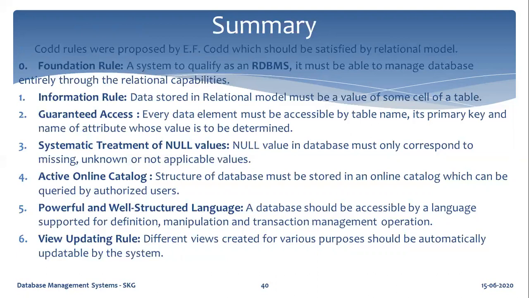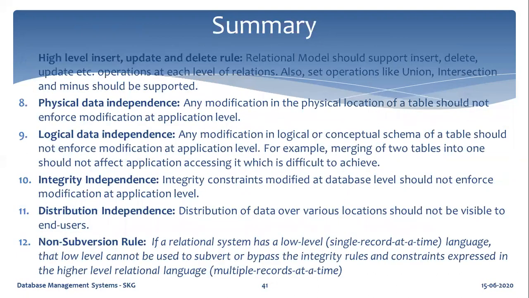View updation means temporary tables created for various purposes should be automatically updated by the system. High level insert and update: it should allow insert and update, where high level means multiple rows and set operations like union, intersection, minus. Physical data independence means we should be able to modify tables without forcing modification at the application level. Again, for the logical level, application level should not be affected by logical level changes in the structure.